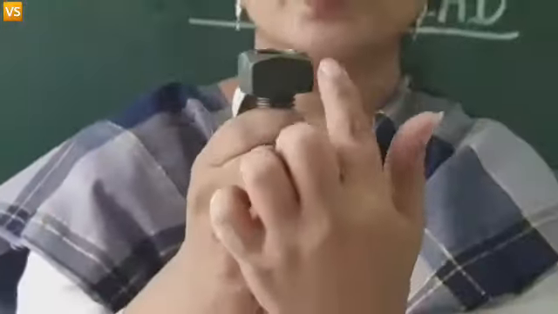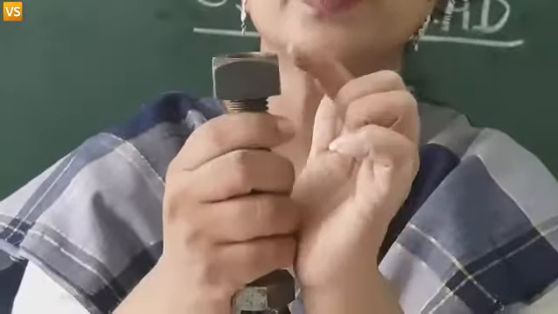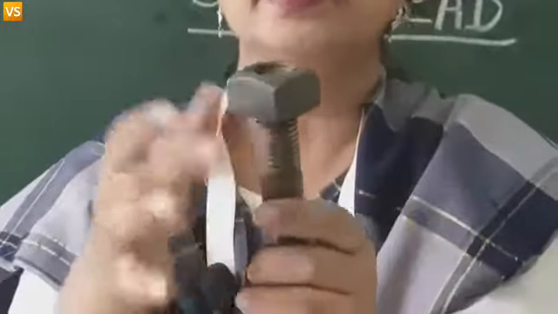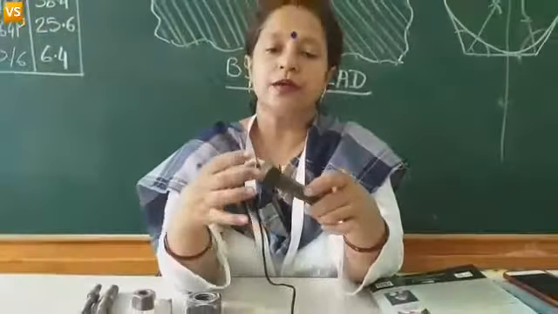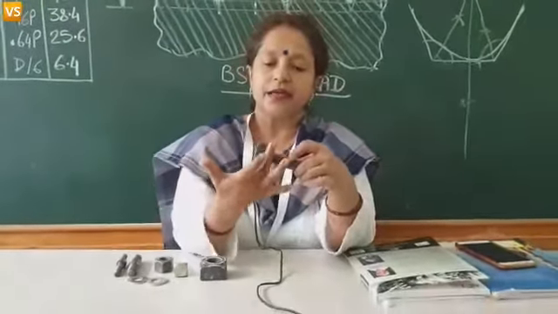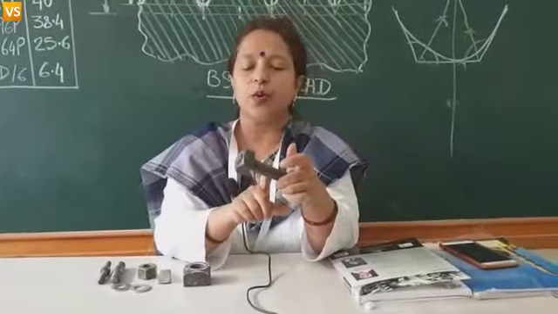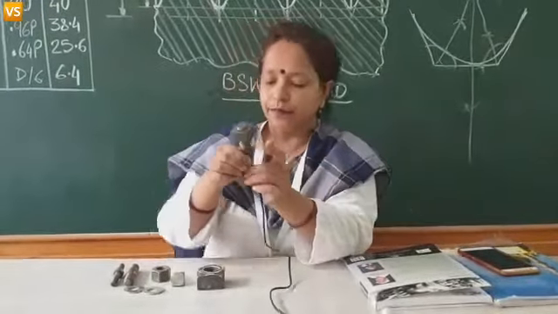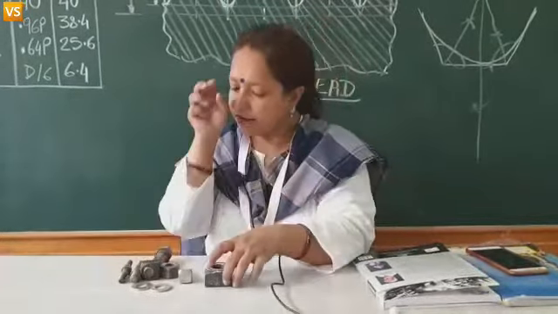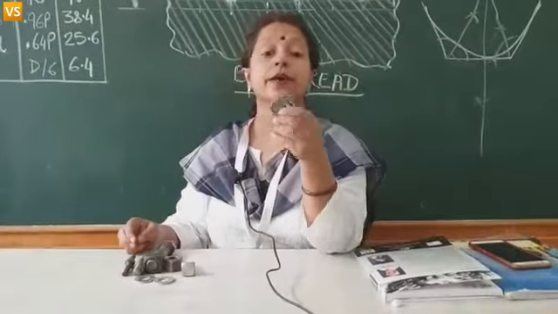And one more thing, this rounding off is called chamfering, and when we place a nut along with a bolt, we have to take care that the flat side goes inwards and this rounded side comes outwards.